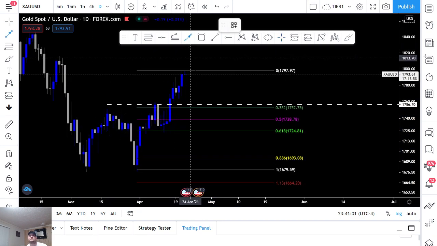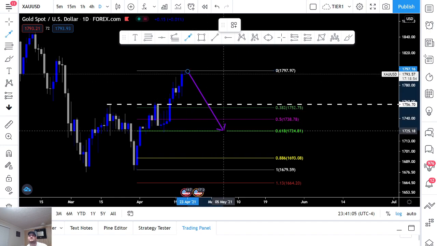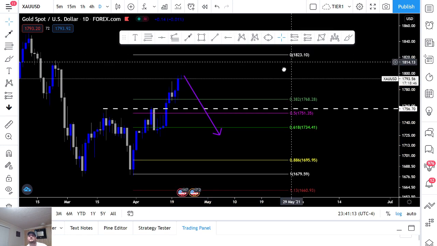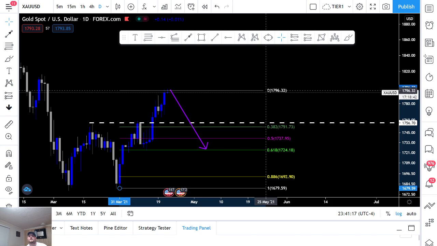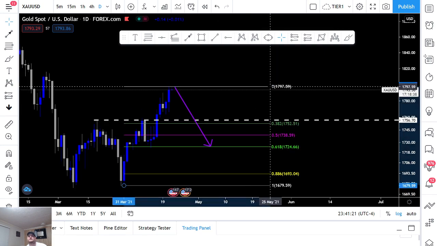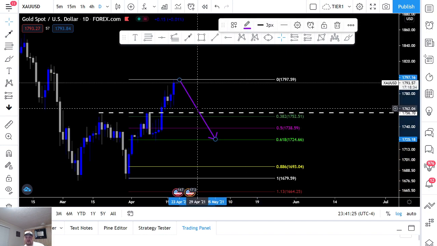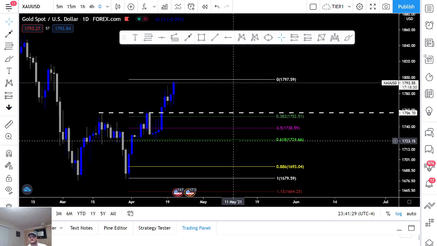But yeah, I'm not saying it's gonna pull back here, but if price moved up, you would just adjust this. You would adjust this and just wait for price to come to you. Wait for your trade. I don't know that it's gonna pull back here to 1725.